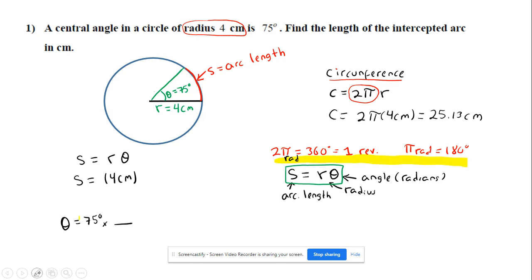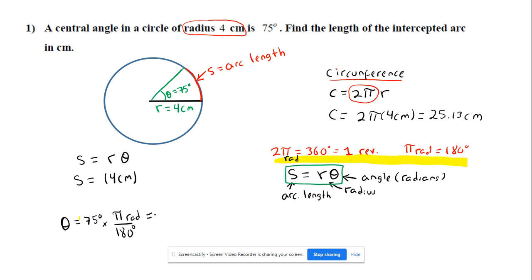The whole thing is to calculate the angle in radians using that conversion factor. We see 180 degrees equals pi radians. So if I multiply here, it will be 75 times pi over 180.